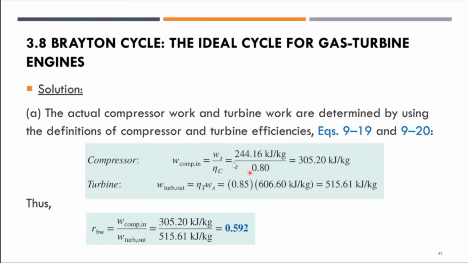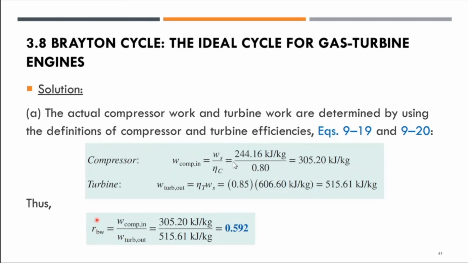So you can now use the efficiency for the compressor, which is 80%. You get the work from the compressor to become 305.20 kilojoule per kilogram. For the turbine, it is 85%, 0.85. You will get the work from the turbine 515.61 kilojoule per kilogram.